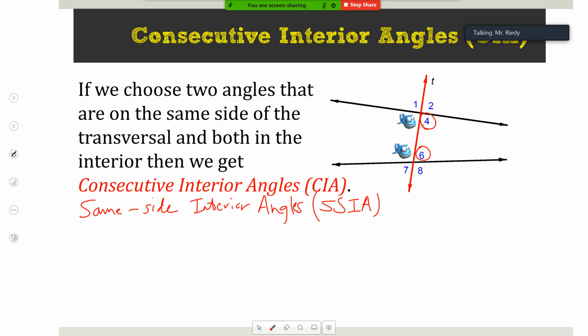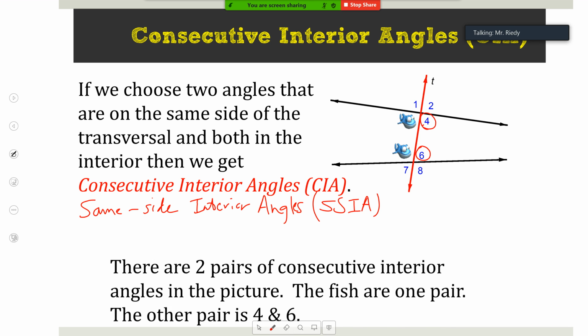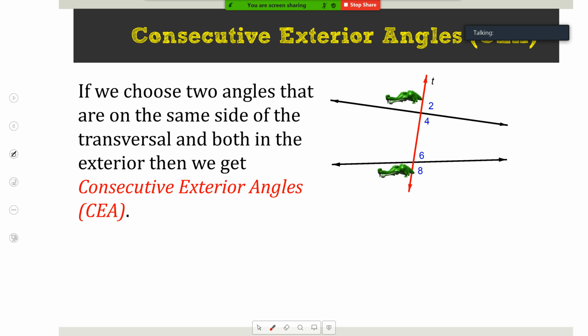Okay, tough question. Which one haven't we talked about yet? What would it be called? Consecutive exterior angles. Well done. Who was that? Emily. Good job, Emily. There they are.